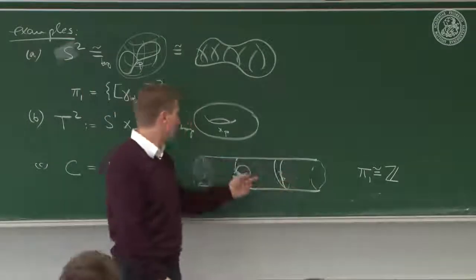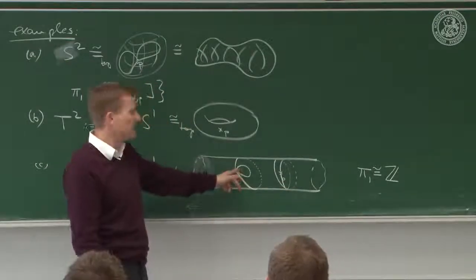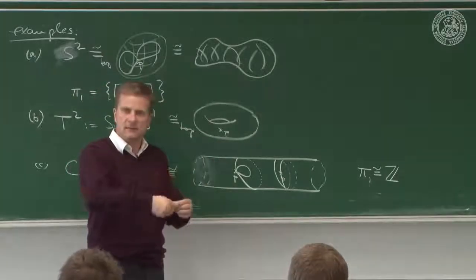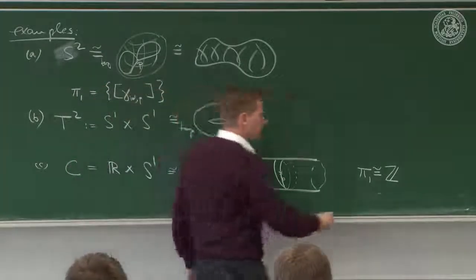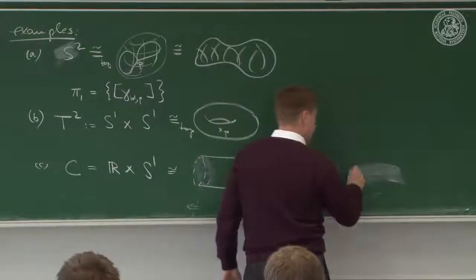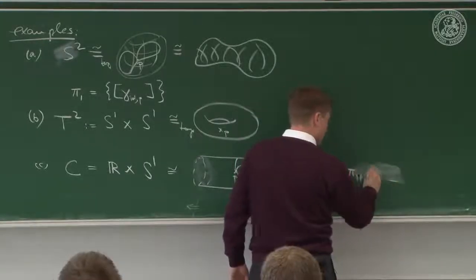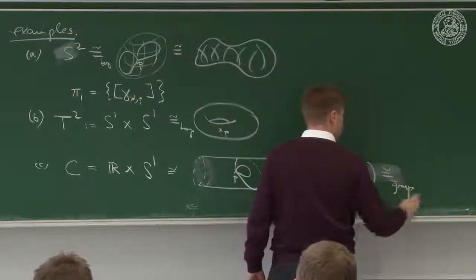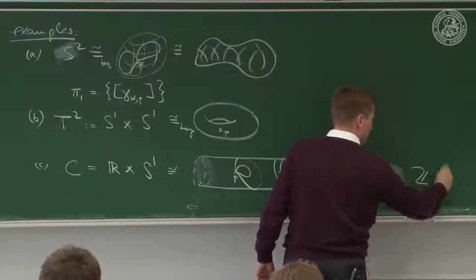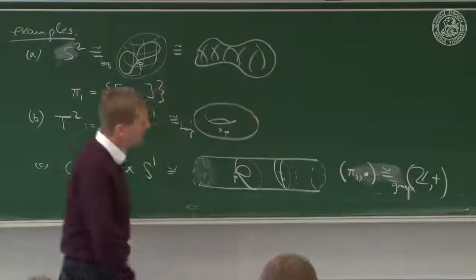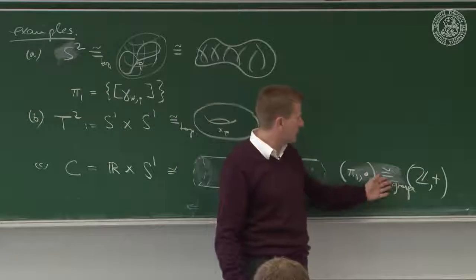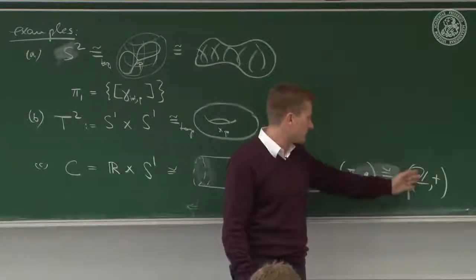And the 0 is the one that's the identity. And obviously, if you concatenate them, then you add. So as groups, the fundamental group is isomorphic to the integers with the addition. And what does isomorphism as a group mean? Well, it's of course bijective, right?